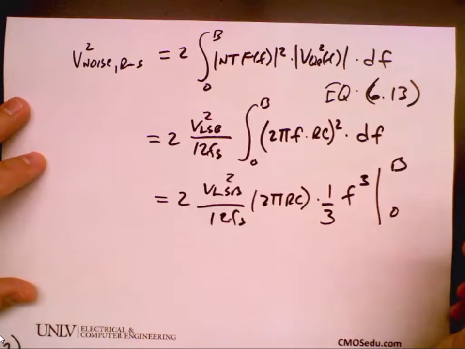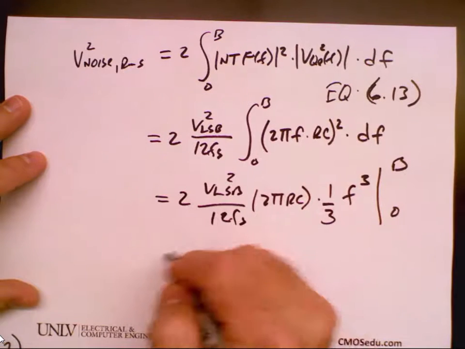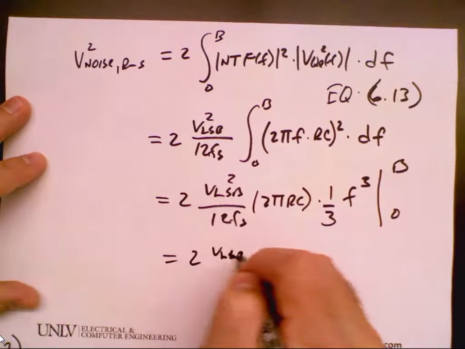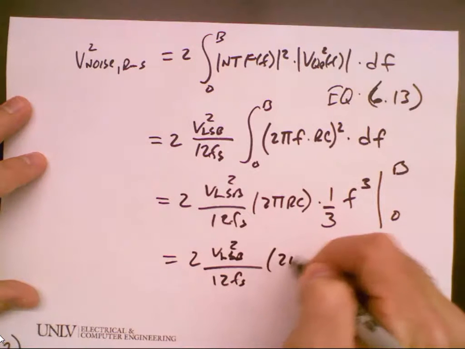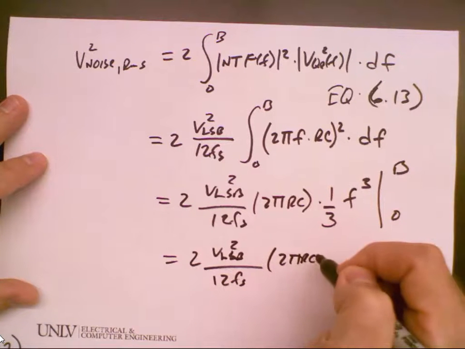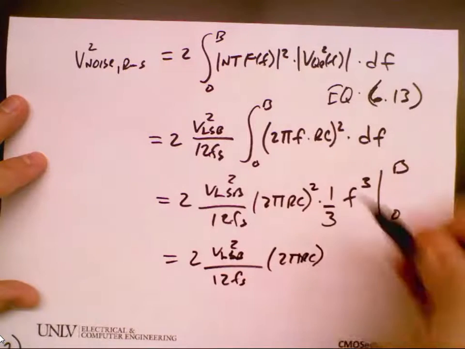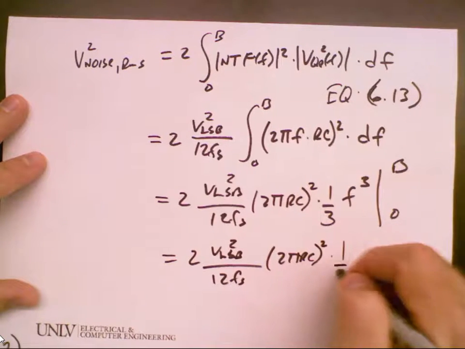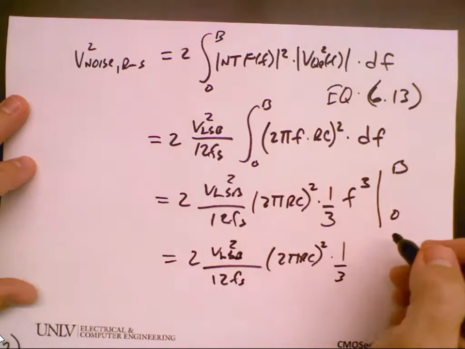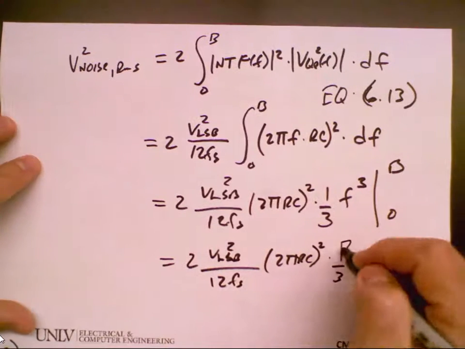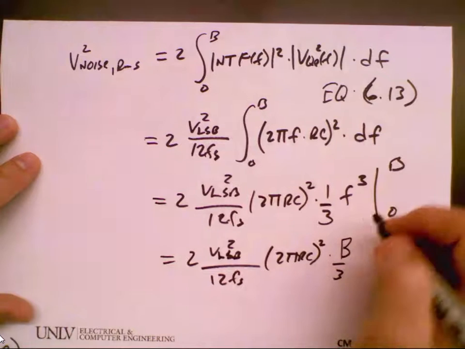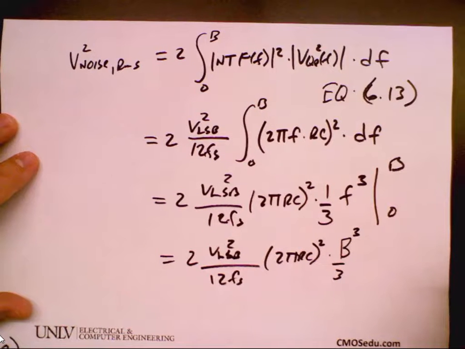And you plug that in, and of course it becomes 2 VLSB squared over 12 FS times 2 pi RC. I made a mistake, didn't I? Yeah, times 1/3. I was waiting for you to tell me. You're probably so used to them. It's just him making another mistake. Okay, over the B cubed.